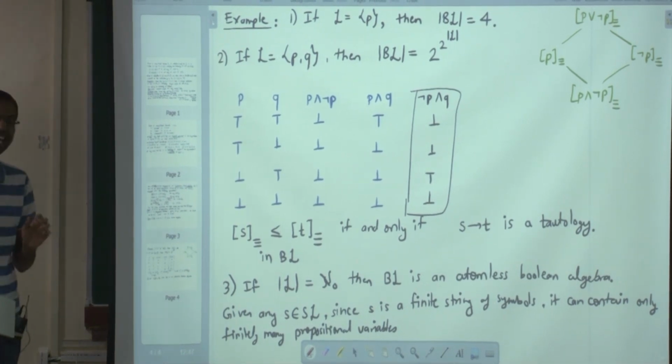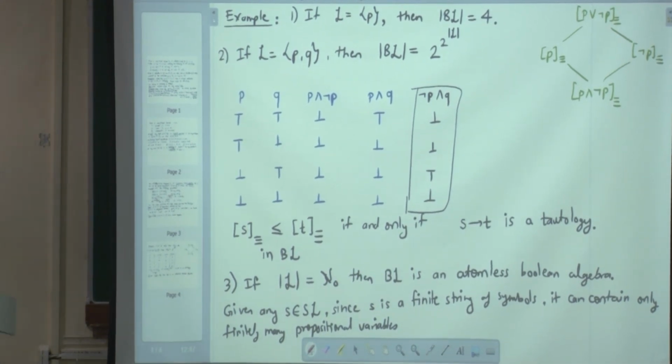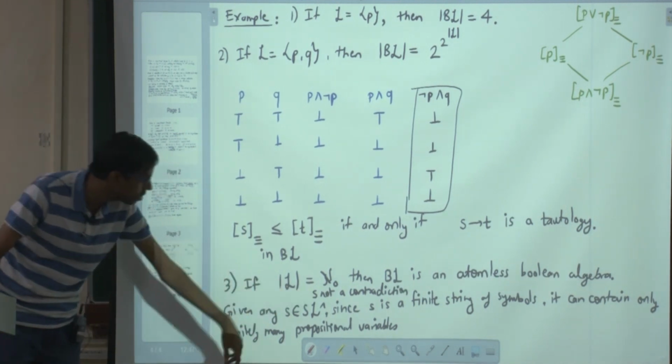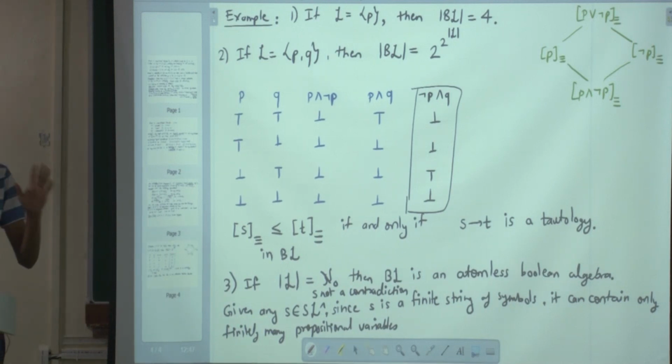So given any S in SL, S not a contradiction, because I need to choose something non-zero, it contains only finitely many propositional variables.